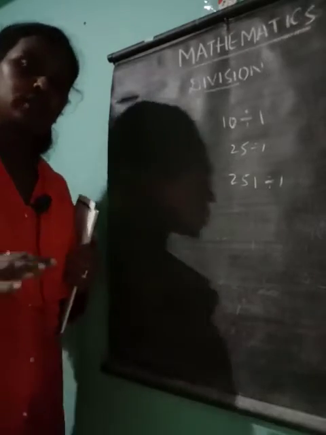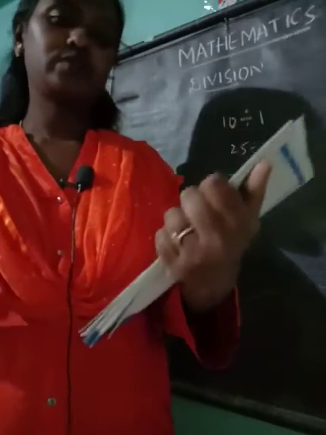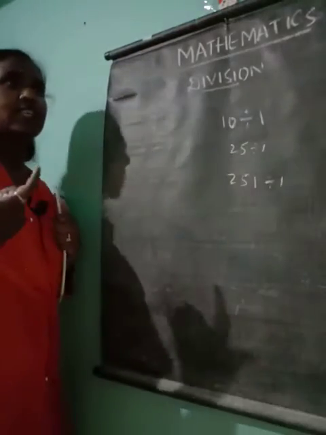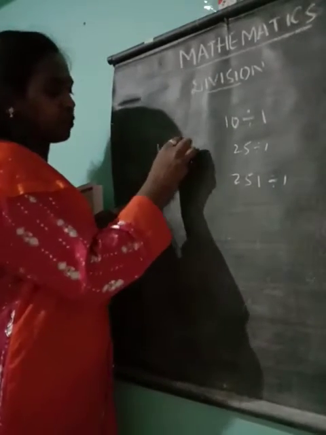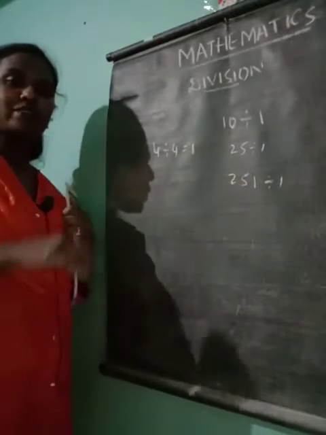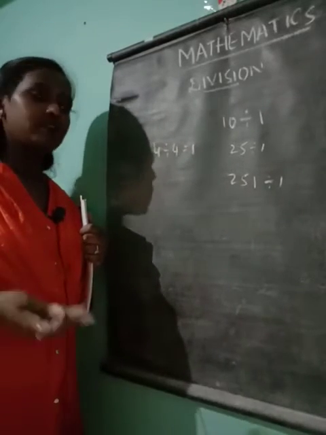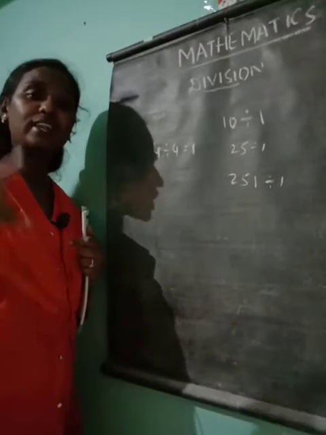Understood? Okay. The next property is dividing a number by itself gives the quotient as 1. For example 4 divided by 4, what quotient do I get? I get 1. 4 ones are 4, right? If I divide 100 by 100, what is the quotient I'll get? I'll get 1.